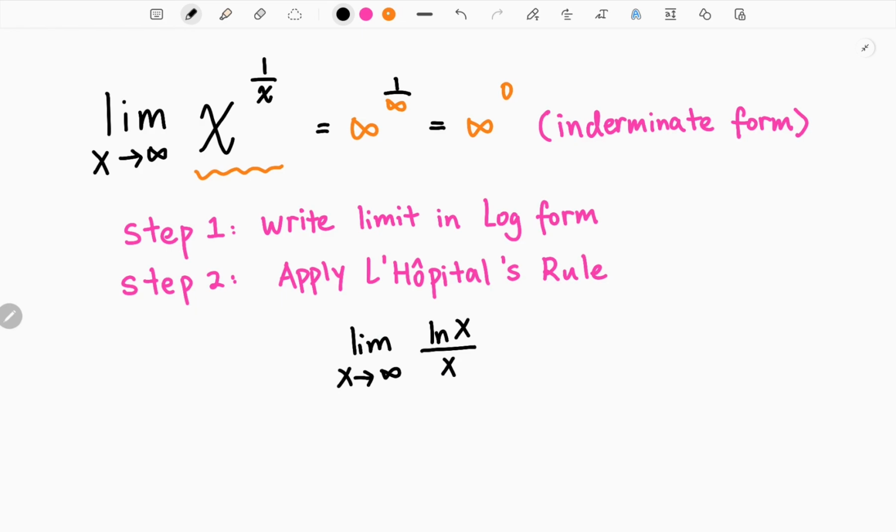So plugging in x goes to infinity, what we'll get is infinity over infinity, which is another type of indeterminate form that can be solved by L'Hopital's rule. In this case, we take the derivative of both the numerator and the denominator, and we'll have the same limit value. The derivative of the top is 1 over x. The derivative of the bottom is 1.